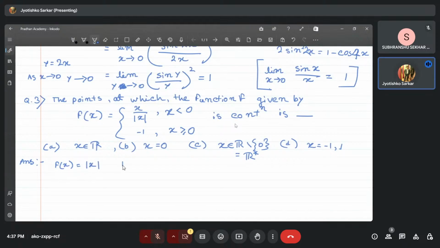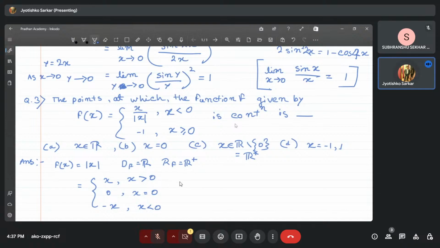This function's domain is real number, that we can choose x as any real number, but its range is the positive real number. So how is it defined? It is defined as x when x is greater than or equal to 0, 0 when x is equal to 0, and minus x when x is less than 0.